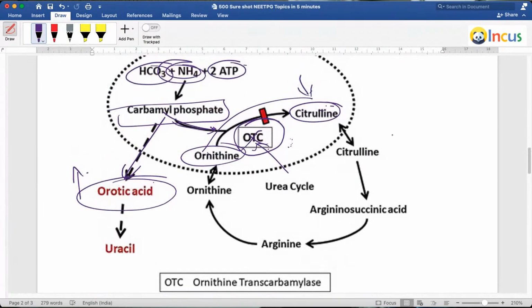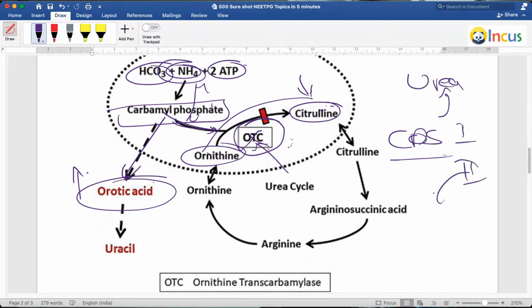So one point you need to remember is this: carbamyl phosphate synthetase, which converts ammonia into carbamyl phosphate. There are two enzymes, 1 and 2. 1 is there in urea cycle, 2 is there in pyrimidine biosynthesis.